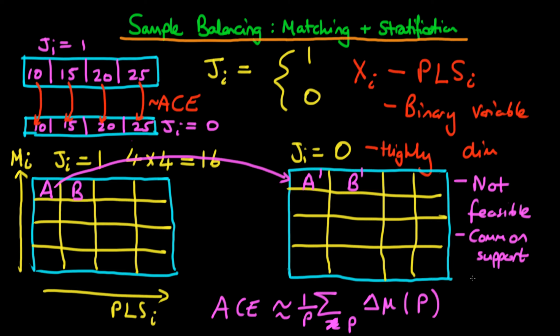Because of this lack of overlap in common support, we can't actually make up individuals or subsamples of individuals in the untreated population which we can compare directly with those of the treated. Another problem is that this is computationally expensive. It's not necessarily obvious when we're dealing with 2 variables, but when we're dealing with many, in a lot of cases continuous, variables, it's going to be quite computationally expensive to come up with subsamples of the untreated and match them adequately with those in the treated population.